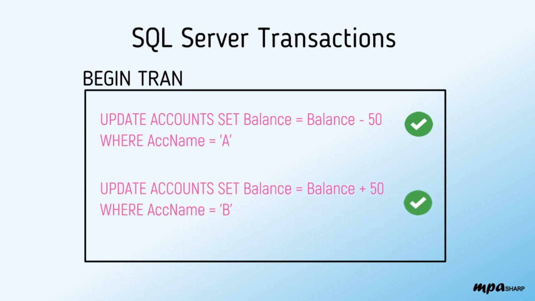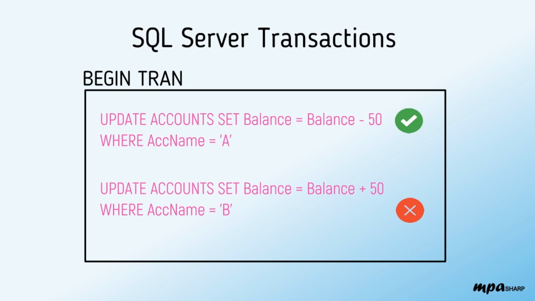When both operations are successful, we can tell SQL Server, okay, it's all correct. Now you can commit your transaction. That's the happy scenario. But what if the first operation is successful, but the second operation fails? Then we need to tell SQL Server to reverse the operations carried out so far.